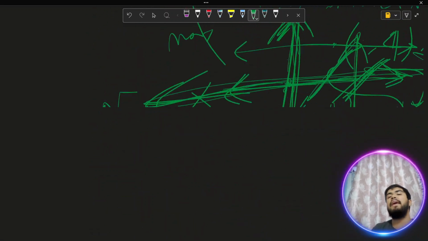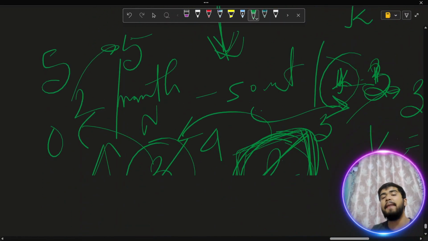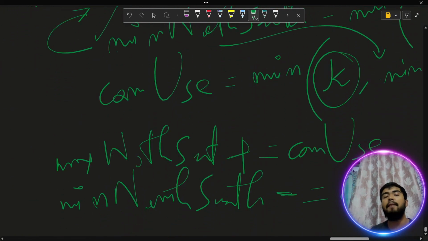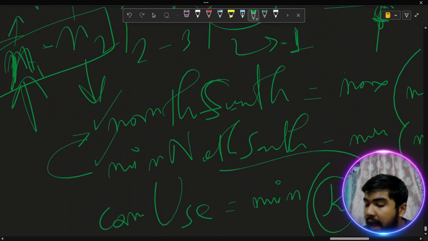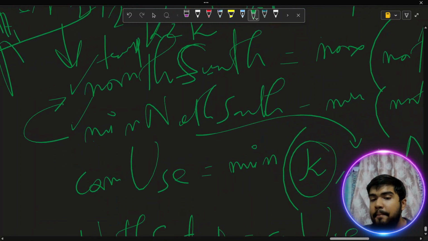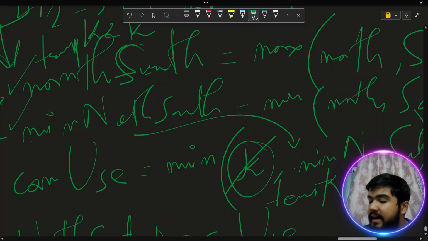So I can't play my game with the given k. I definitely need a temp k. I store this k in a temp k and play the game. So I can define a temp k initially before starting this gameplay, and play the game here. Rather than k, it should be my temp k.